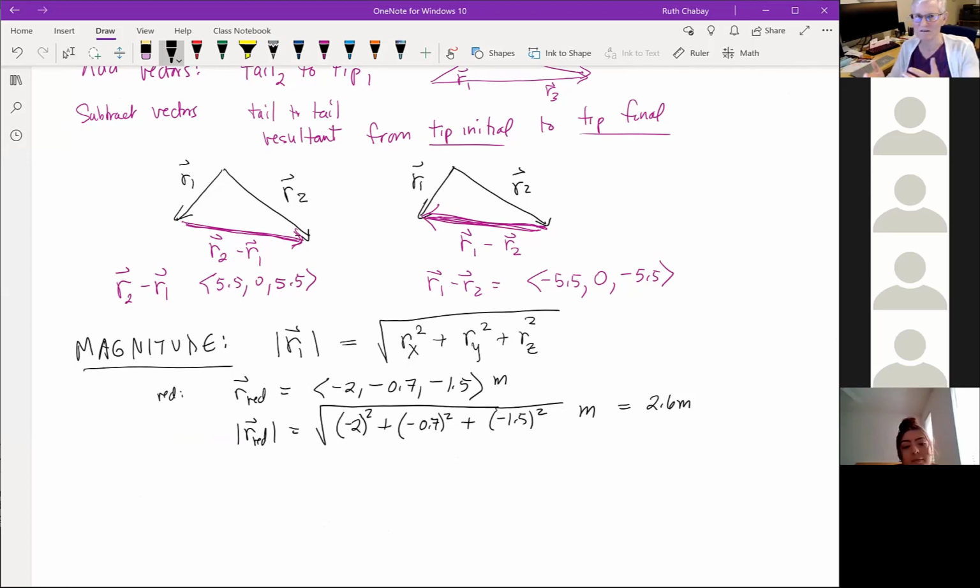It doesn't have a meaning. We could have a displacement that has negative components, but a distance is a positive thing. If you walk 10 meters, you've walked 10 meters no matter what direction you were walking. Even if you walk backwards, you've probably still walked 10 meters, haven't you?